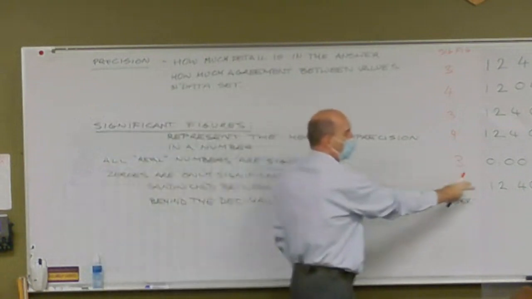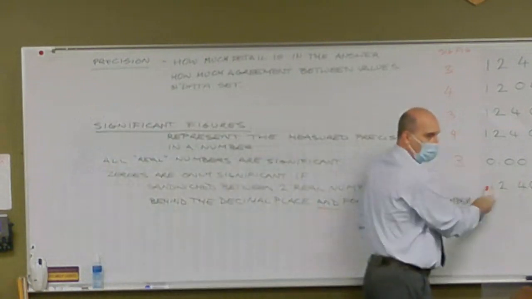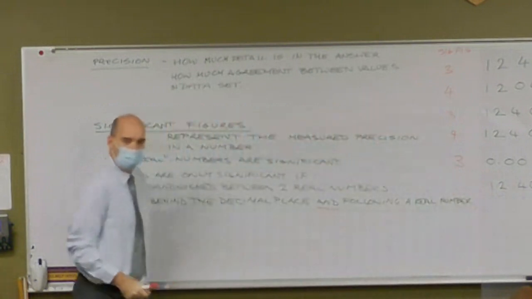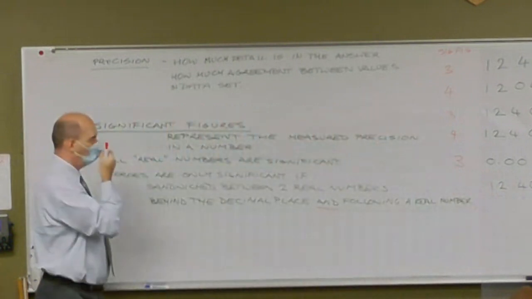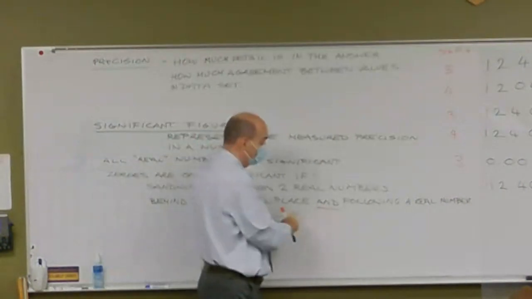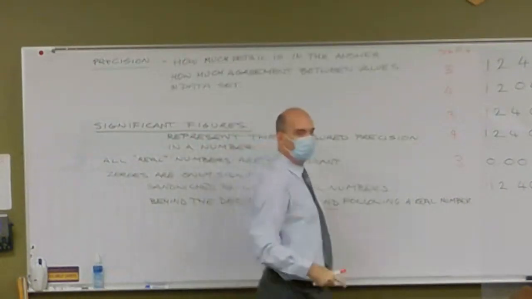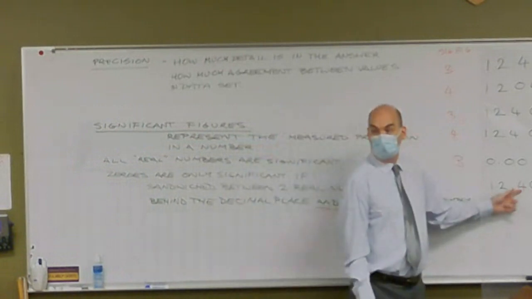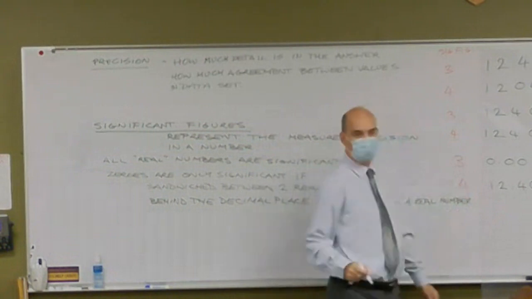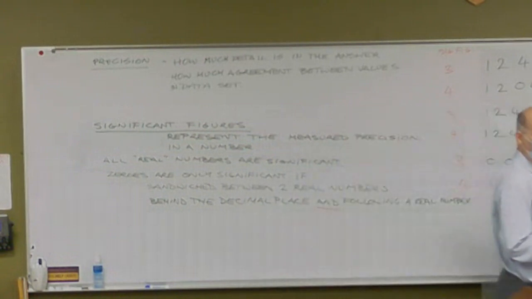There's a 0, so I don't have to worry about the regular numbers. Okay, but there's a 0. Is that 0 sandwiched between two other numbers? No. Is it behind the decimal? Yes. Is it behind the decimal and following a real number? Yeah. So this gets to be 4 significant figures.